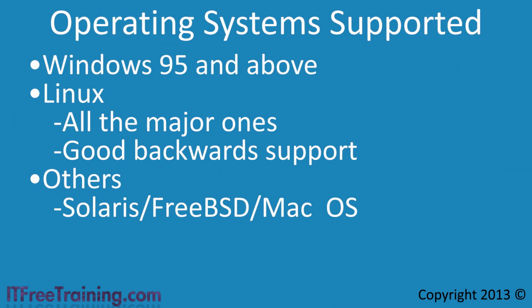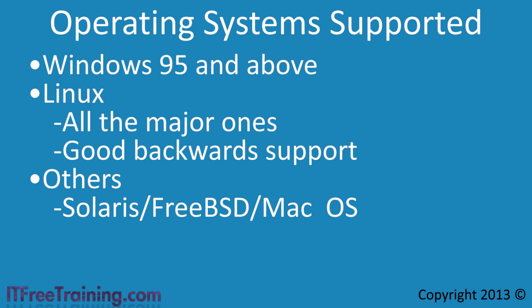Shown here are the operating systems supported by VMware Tools. On the Windows side, it is quite simple. It is basically all operating systems released after and including Windows 95. The only Windows system not included is Windows 3.1, which was DOS-based. For Linux, there are too many to list.